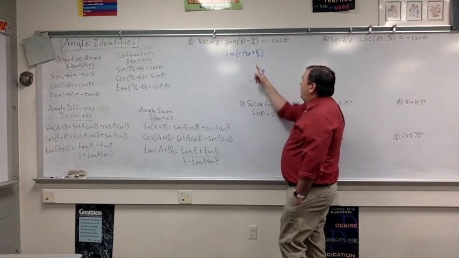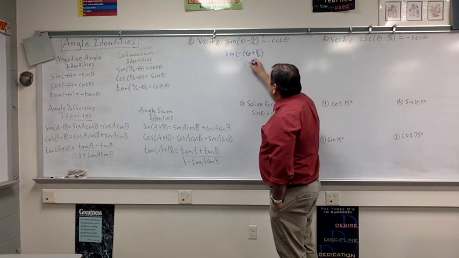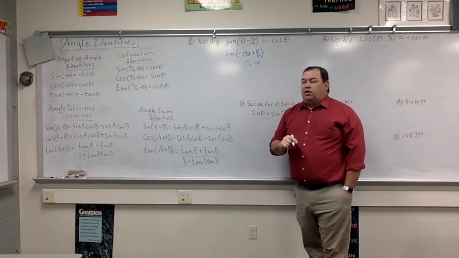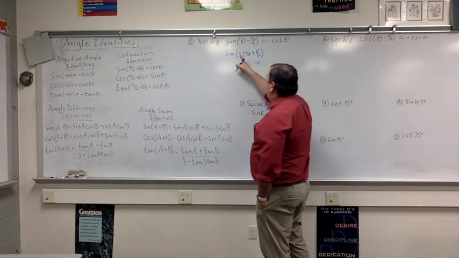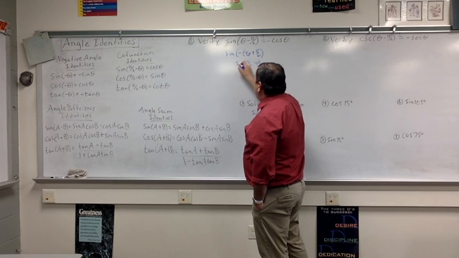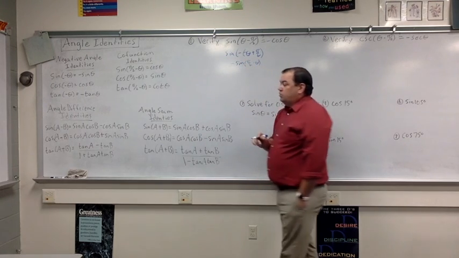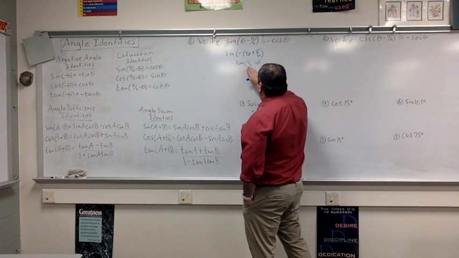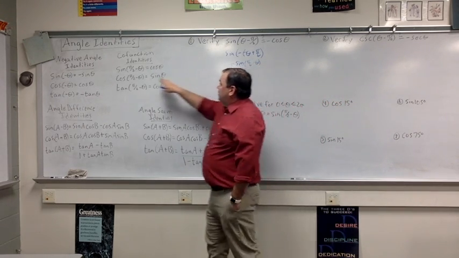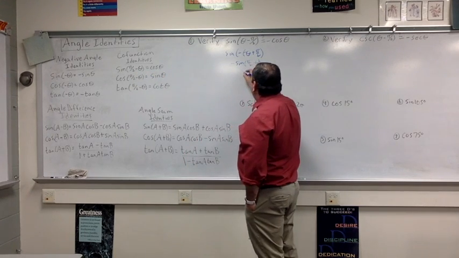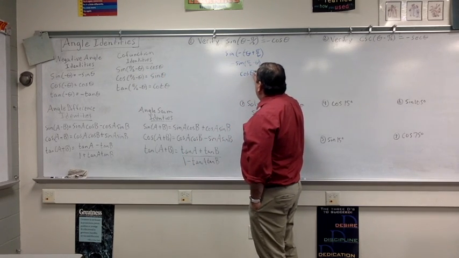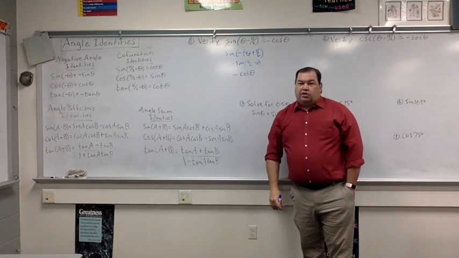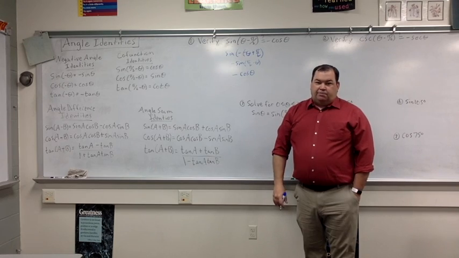So essentially I have pi over 2 minus theta now in the parentheses, and that's what I want. And I have sine of that. I'm going to take this negative 1 and keep moving it all the way out to the front. Now, by definition, sine of pi over 2 minus theta is cosine, so this gets written as cosine, except we have a minus sign in front, and that's exactly what they were looking for on the other side.